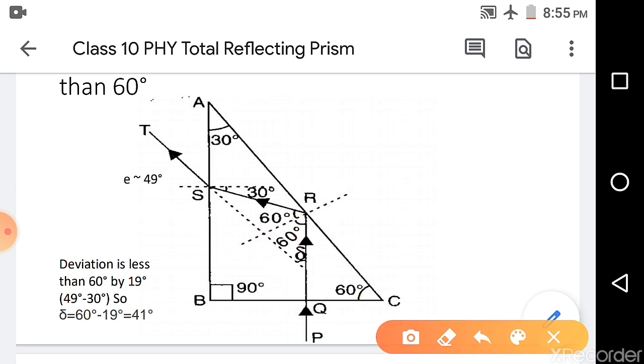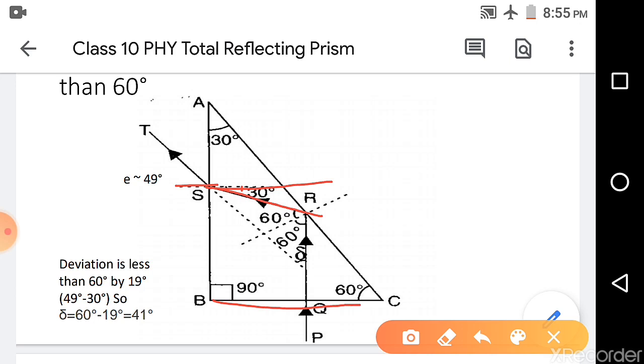So this light ray is incident here at the point R with the angle 60 degree, which is greater than the critical angle 42 degree. Now it is reflected totally, making the same angle 60 degree, toward S, and at the point S it is incident by an angle 30 degree. How can we say? Because this is the normal, which is parallel to this line.